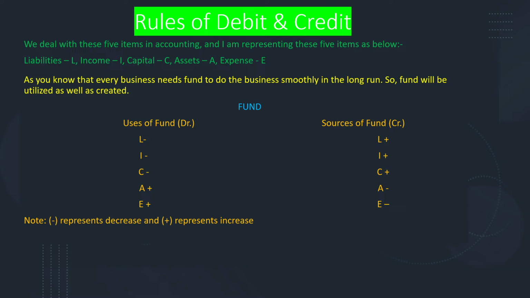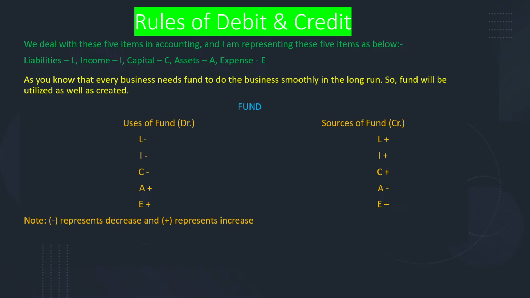This event is a cash event. Why? Because as soon as you purchase the stationery items from your supplier, you need to pay cash to your supplier, and in return your supplier will supply you some stationery, right?